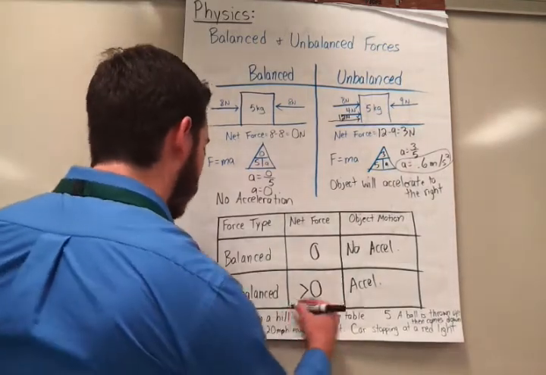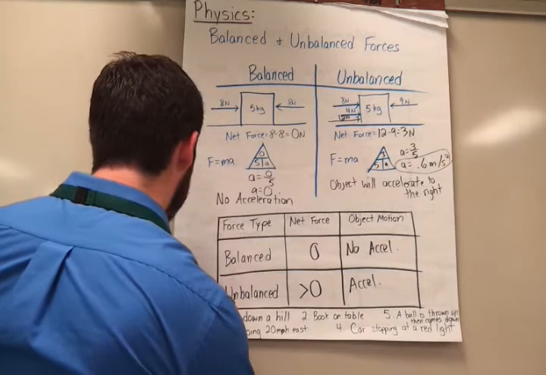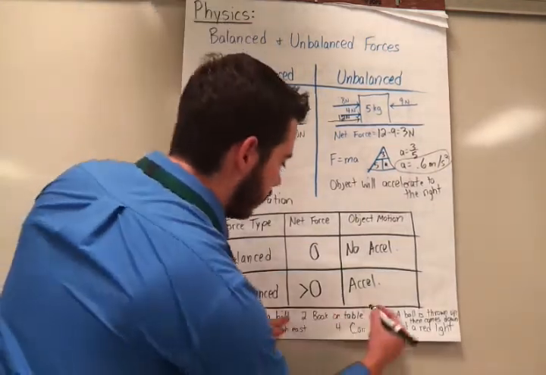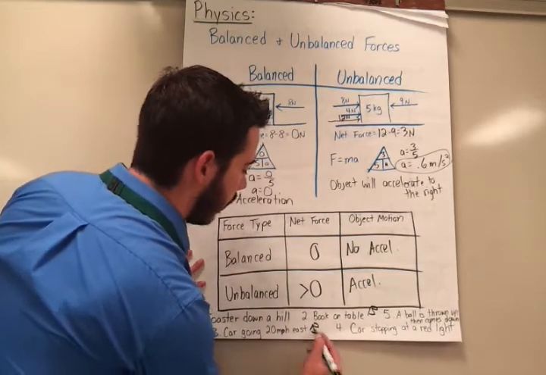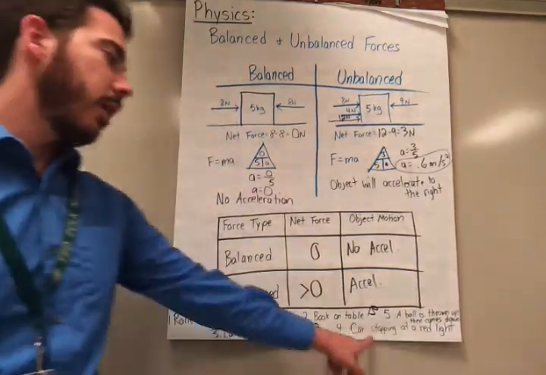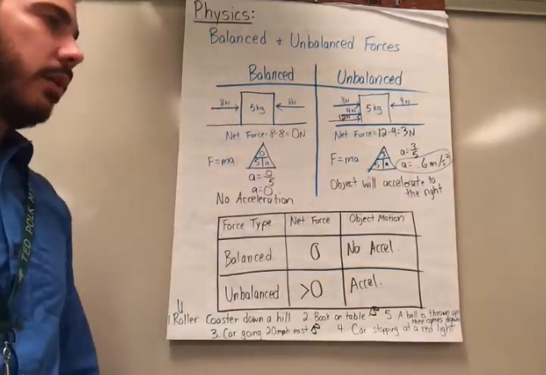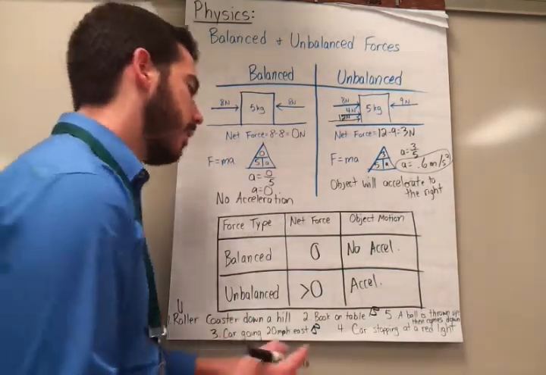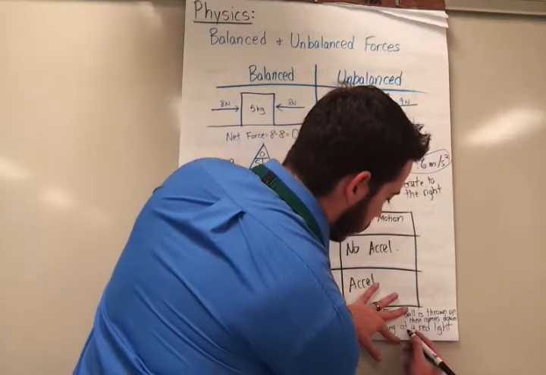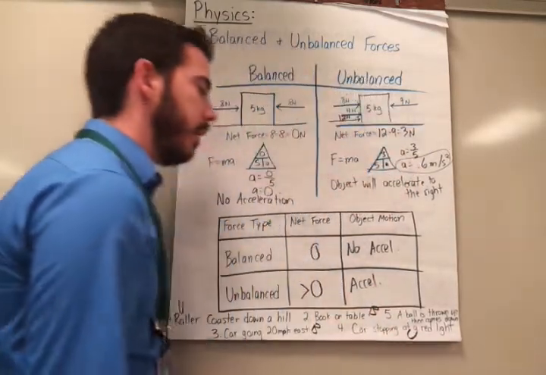So we said this one was unbalanced. This one was balanced. We said the car going 20 miles per hour east was balanced. A car stopping at a red light. Because it was in motion and now it's stopping, we're slowing down. So that is acceleration. Acceleration is caused by unbalanced forces.